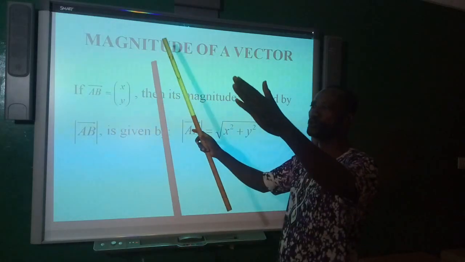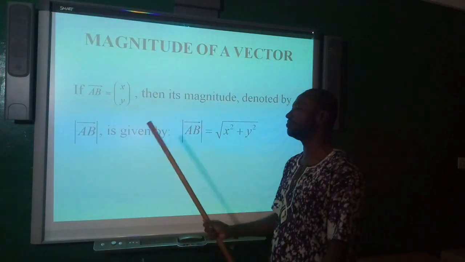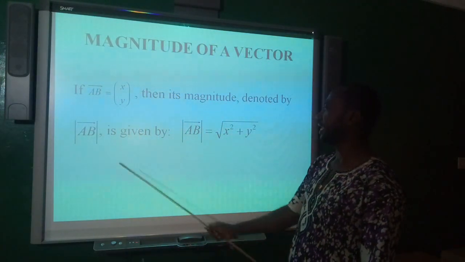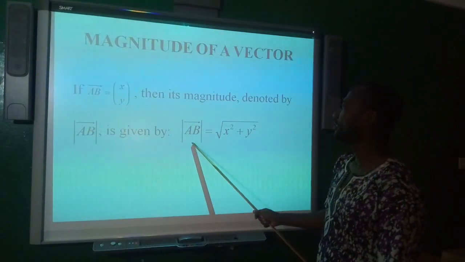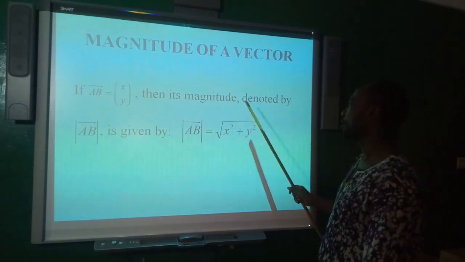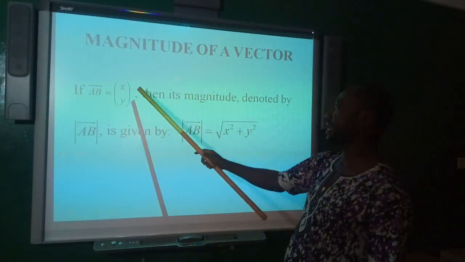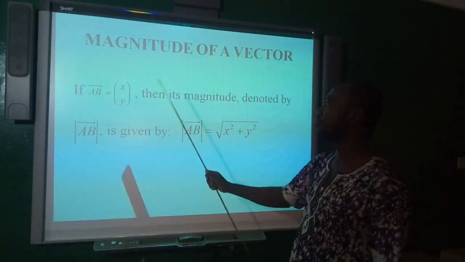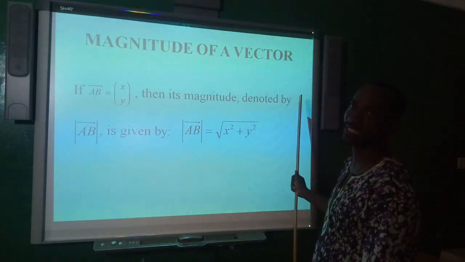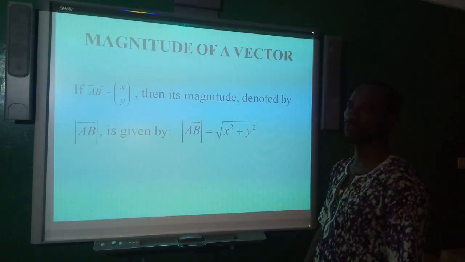You bring the absolute bars to indicate the magnitude or the distance. And it's given by the square root of the sum of the squares of the components. So you square the x component, you square the y component, and you add them, you take square root of that. This will give you the magnitude of a vector.